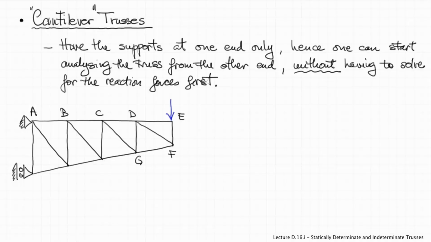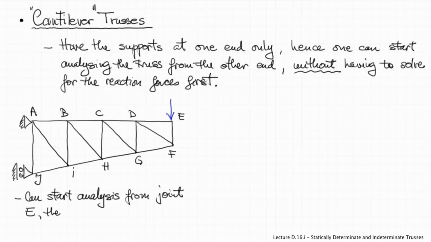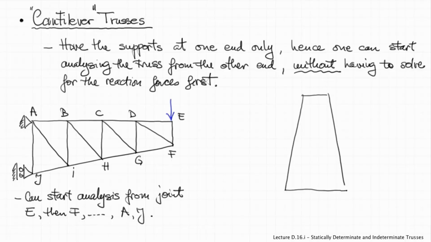Say there's a force applied at E. If we use the method of joints, one can easily realize that we can start from joint E at the right end of the truss and then continue the analysis with joint F and then joint D and so forth until we end up with joint A and finally joint J. So in the end, we have analyzed the truss from right to left, each joint sequentially, and we determine all the member forces without knowing the reaction forces at A and J.